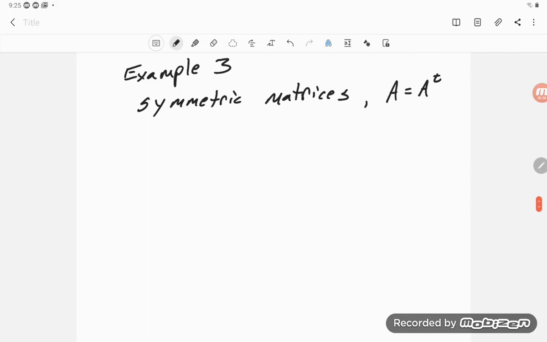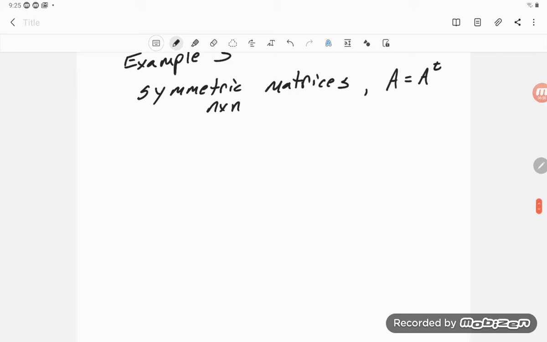So is this a subspace of all matrices of size n by n? Symmetric matrices of size n by n. Well, how about the 0 matrix, 0 n by n? That is indeed equal to the 0 matrix n by n transpose.